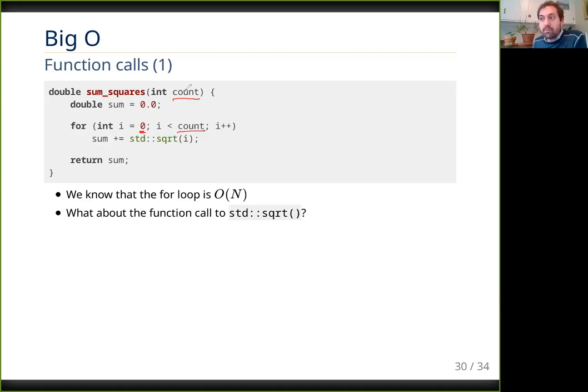So we receive a certain count, which is the maximum value, and we run all of the values from 0 to that maximum value. We square them and we add them to a certain sum, and we return that sum. So we return the sum of all of the square values between 0 and count.